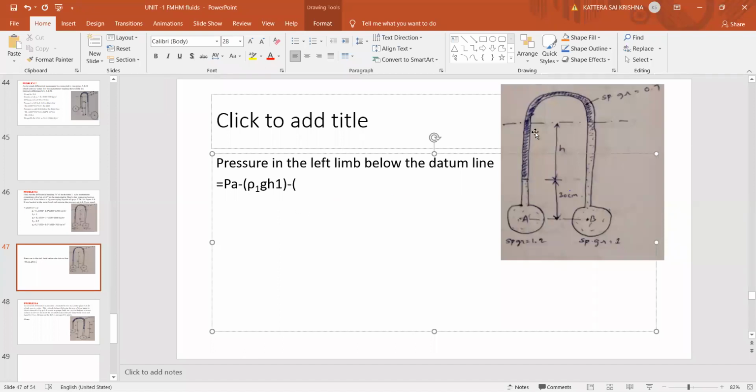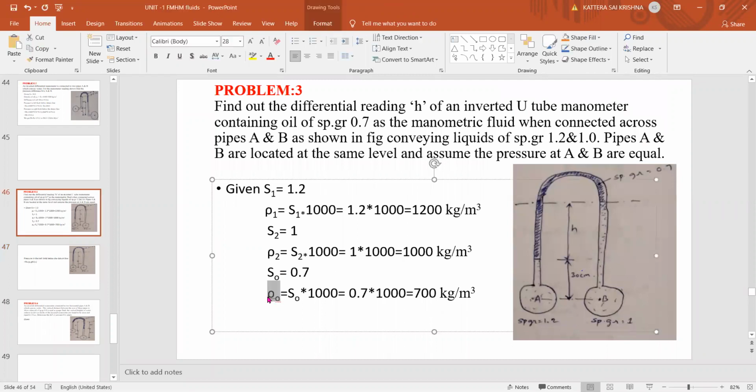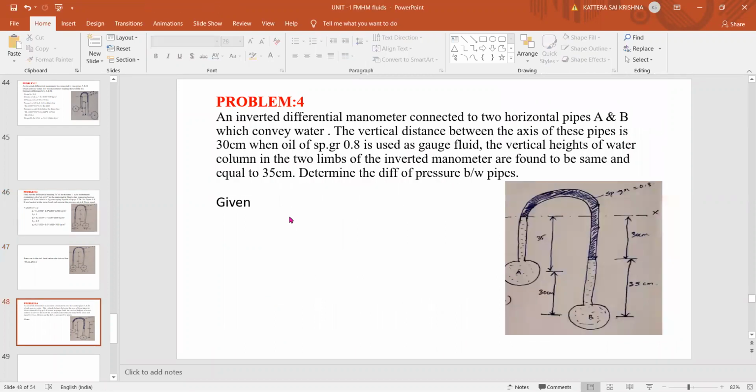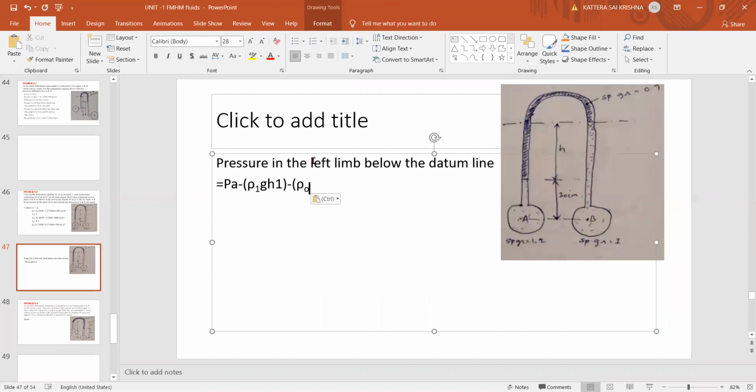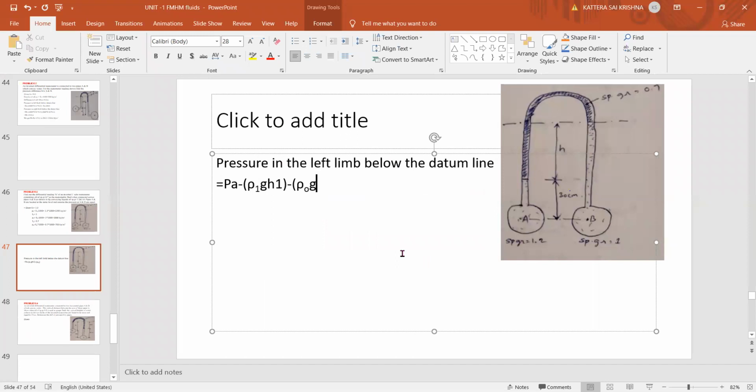Density of oil. So rho, this one, density of oil, into g into h. Is it okay now? Right. So PA we don't know, so PA as is we need to keep. Minus, now substitute the formulas.